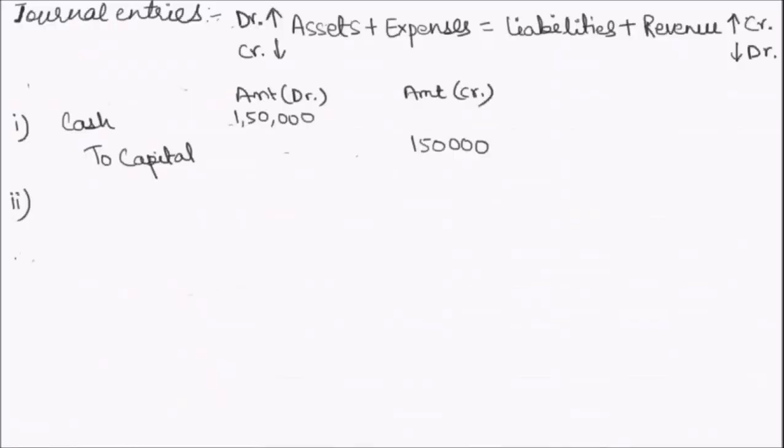And for each and every debit, there must be a credit in a journal entry. And here there are only two accounts involved, that is purchase and Manisha. So if purchase account would be debited, it is obvious that Manisha account would be credited. Amount is 36,000.